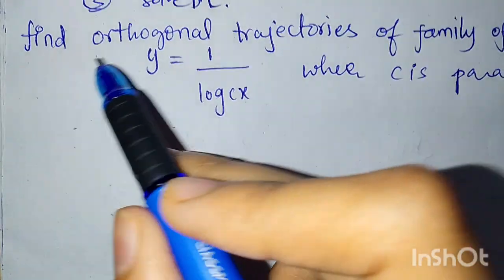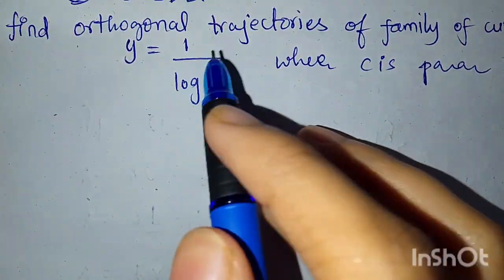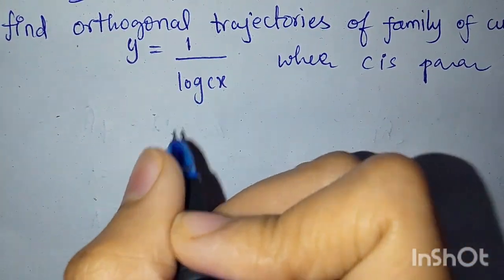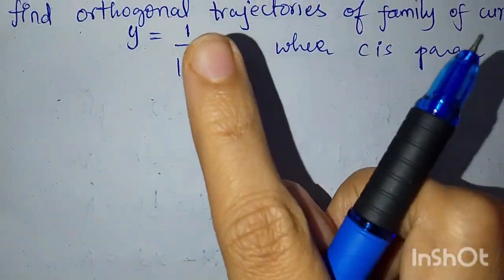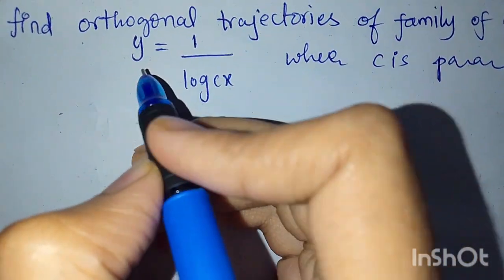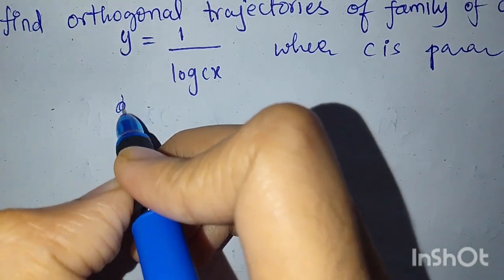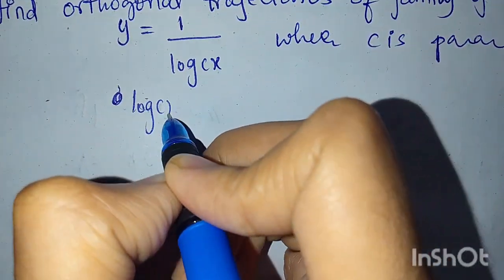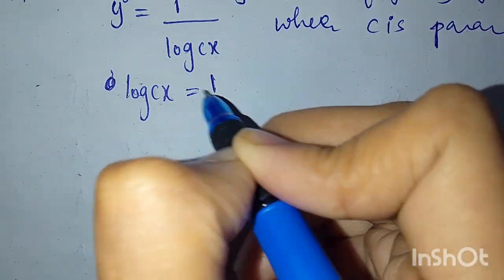See this question. Find the orthogonal trajectory of the family of curves. So this is the equation. First, I have to form the differential equation. I have one constant, so I can differentiate only one time. I'll write it like this: log cx is equal to 1 by y. Now it's easy to differentiate.